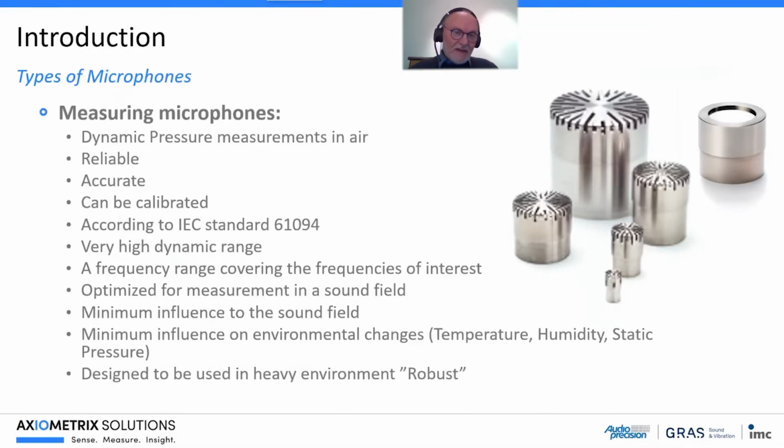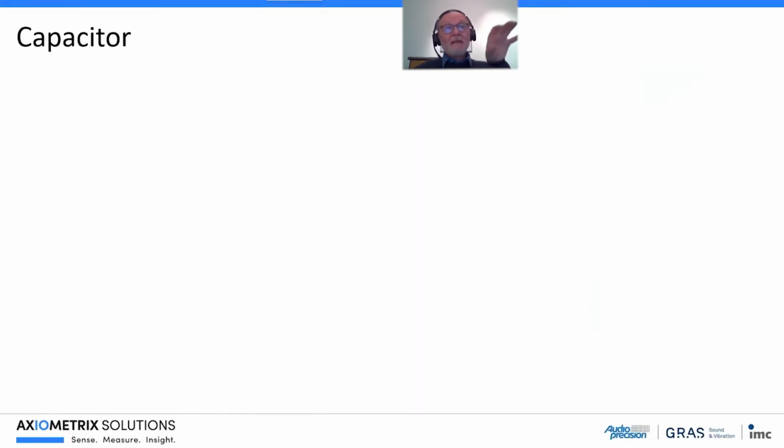A measurement microphone is normally designed to be used in a heavy environment, in a production environment, in an outdoor environment where you have to do noise measurements and things like that.